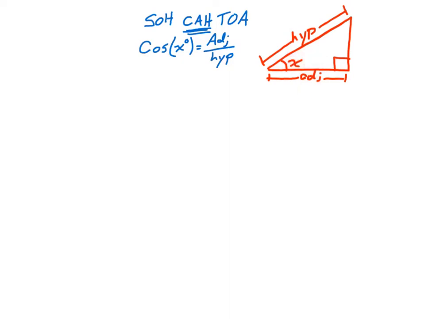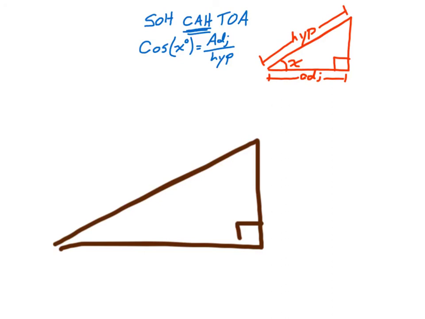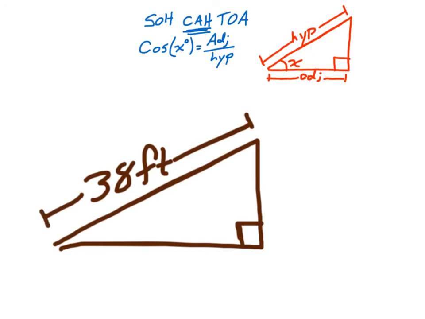So here is the actual scenario. Let's do it in, I don't know, brown. I haven't used brown. Bam, bam, bam, right angle. These are important. It only works if it's a right angle. Here, I'm going to call the hypotenuse 38 feet. We're getting a little bit longer. I mean, these slides are starting to get kind of big. That's almost 12 yards.